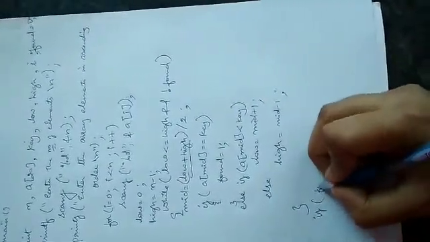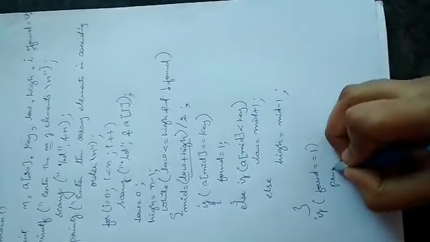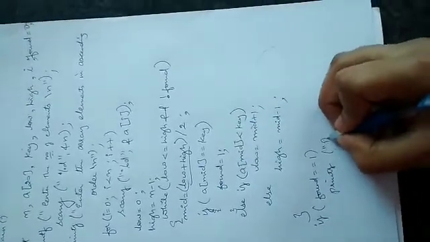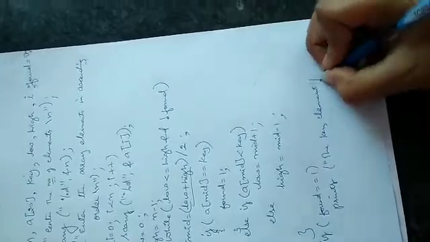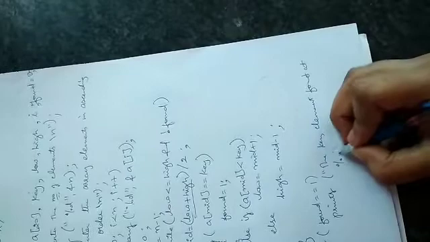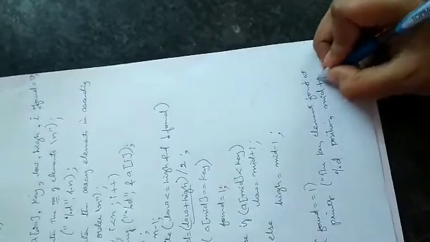After coming out of this, we can check if found equals 1, printf the key element found at percentage d position. Position I have to get from mid. So here I will write mid plus 1 because the array starts from 0.